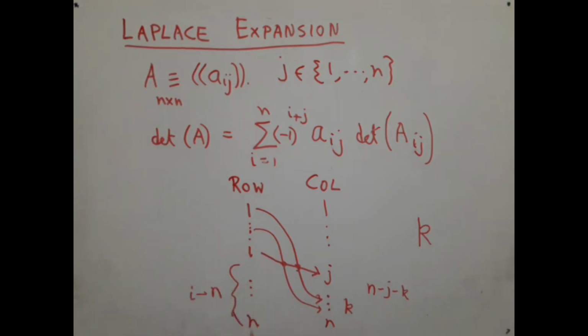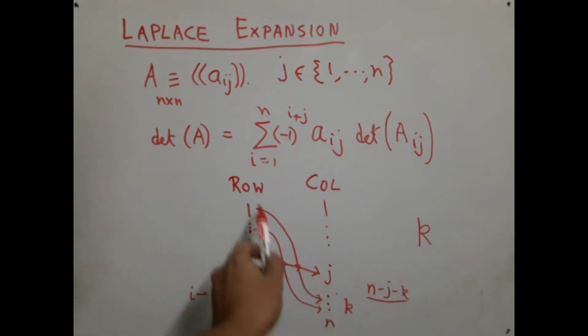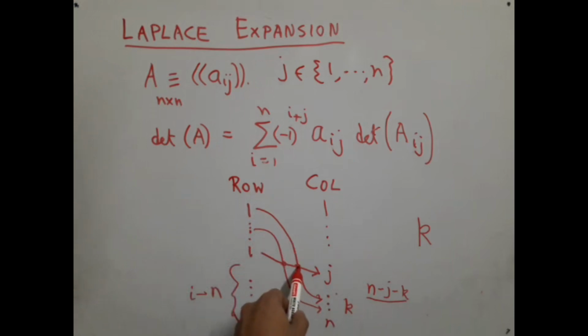Of these, n minus j minus k things are clearly filled up, because for these points the arrow cannot come from above, because if that were the case, then I would count them already as coming down. So these arrows must be filled up by things here. So all these n minus j minus k things must be filled up by arrows that come from under i.